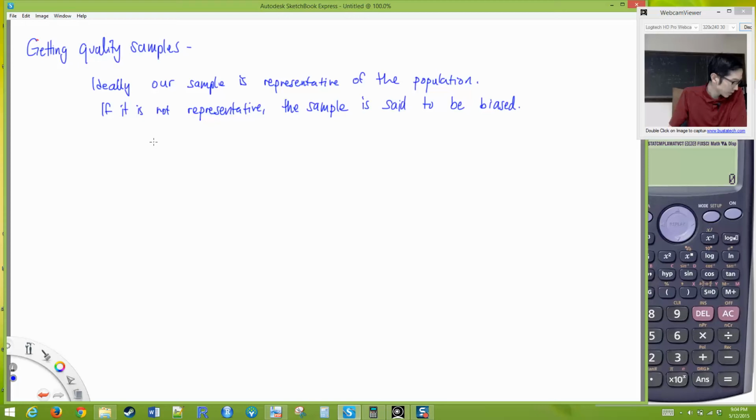So we have, the sample is said to be biased, and we can end up with a different kind of bias, okay? So we have non-response bias. Which comes from the fact that you go out and you take a survey and not everyone responds, right?